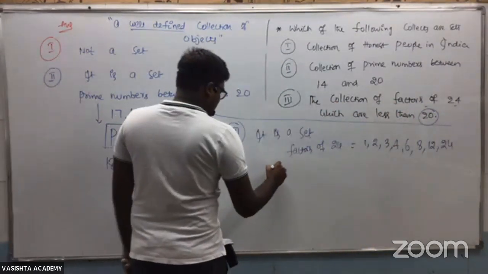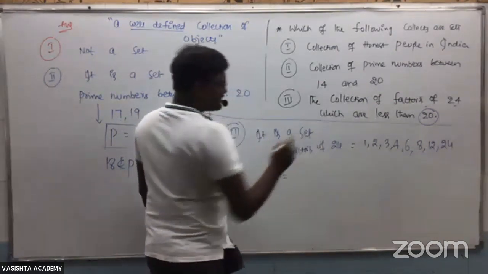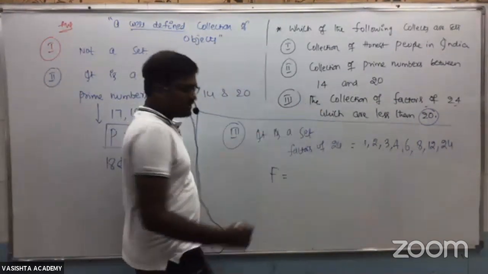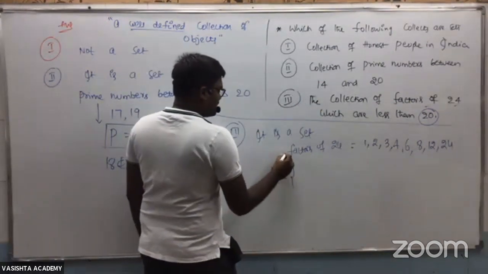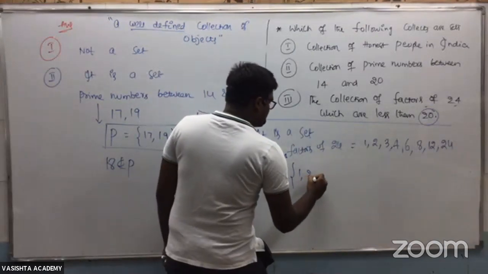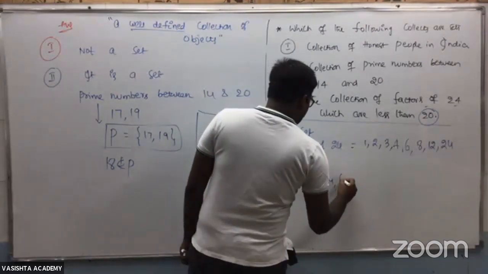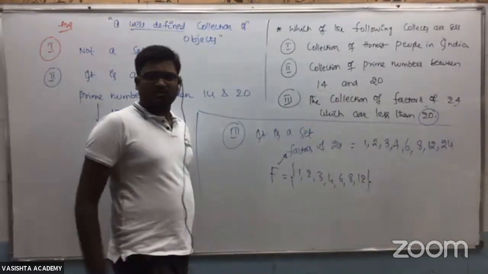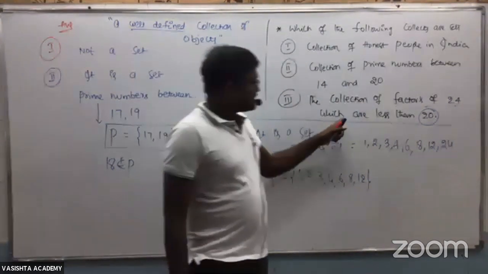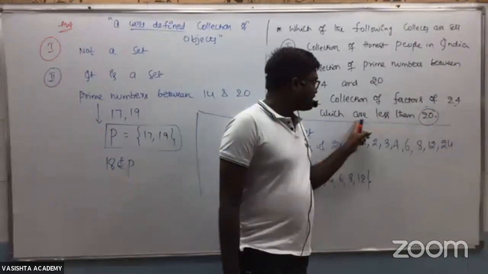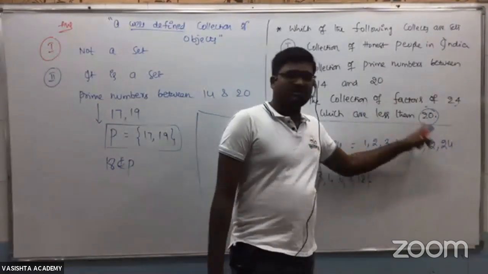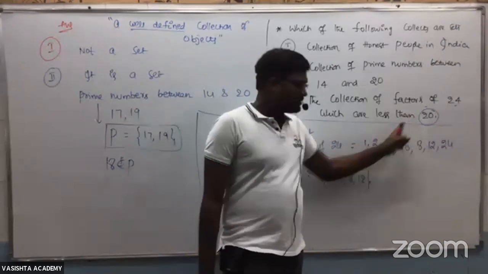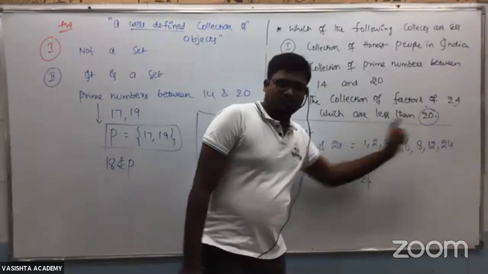Now, if I assume F as all the factors of 24 which are less than 20, then set F will be written as {1, 2, 3, 4, 6, 8, 12}. Because I cannot take 24. Why? I am just collecting the factors of 24 which are less than 20, and 24 is greater than 20. Understood? So that's why I am taking up to 12.